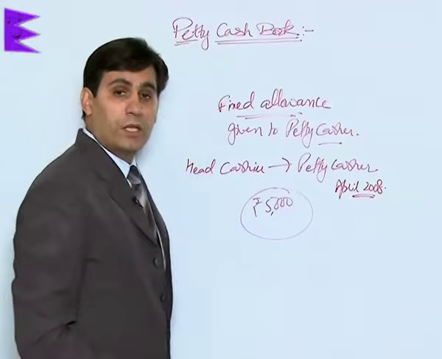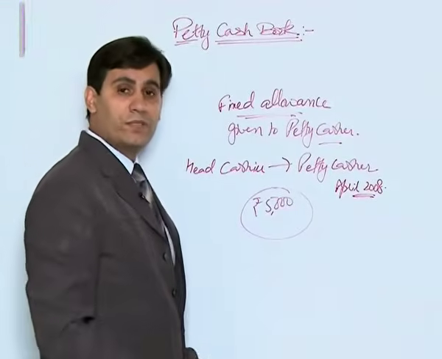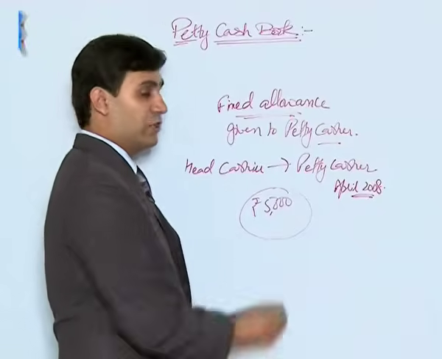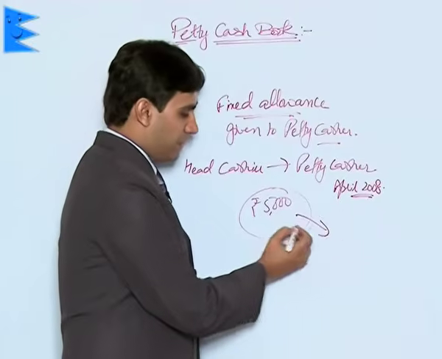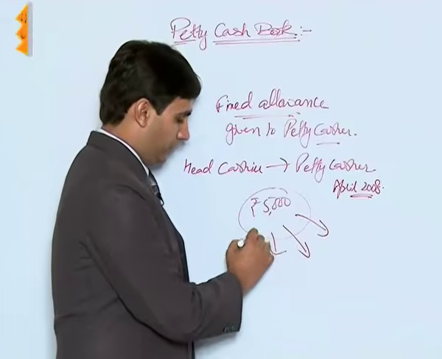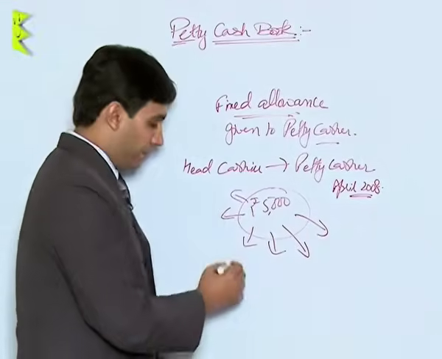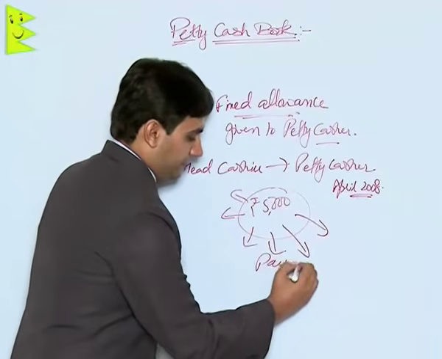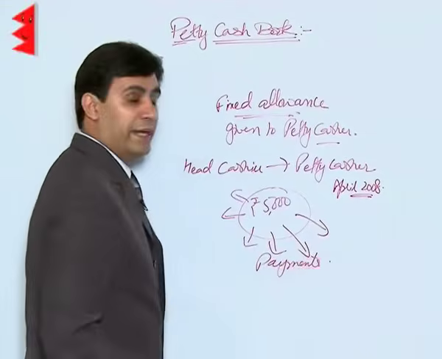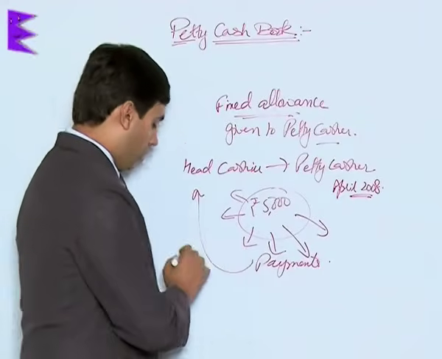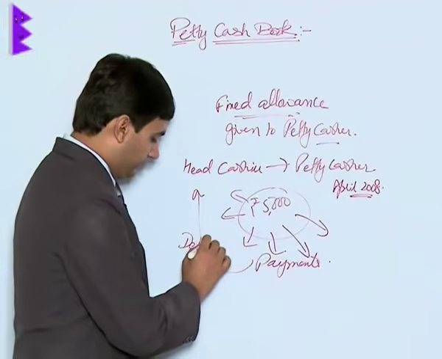Now students, what will happen is that employees will come for small expenses to the petty cashier. Petty cashier will make payments out of this amount and keep a record of all these payments. At the end of the month, he will submit the details to the head cashier. All the details would be submitted.